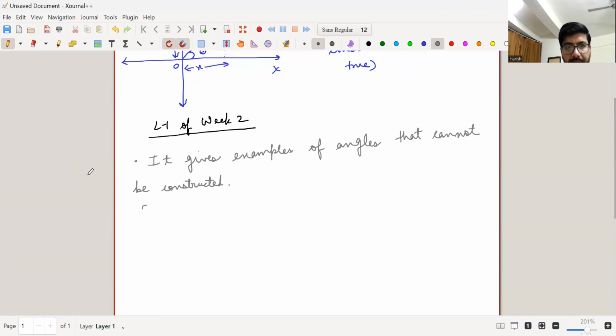The example given was that pi by 9 is not constructible.